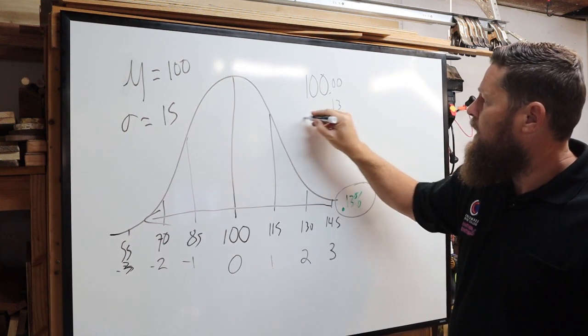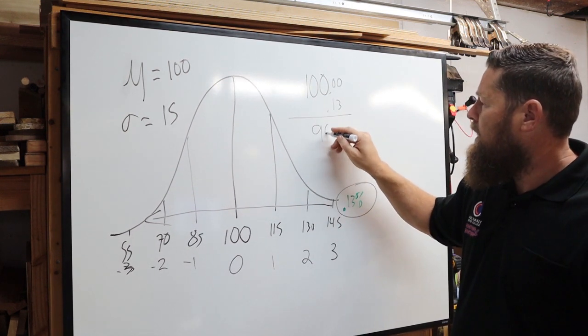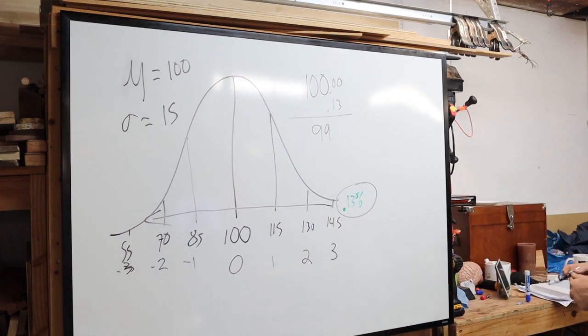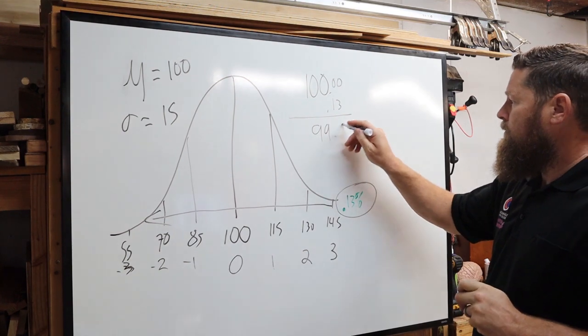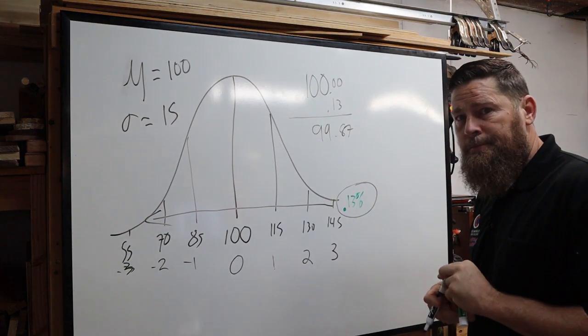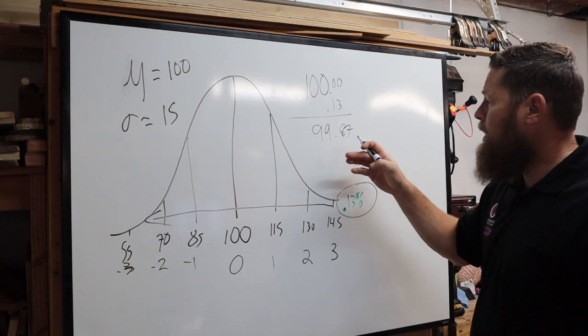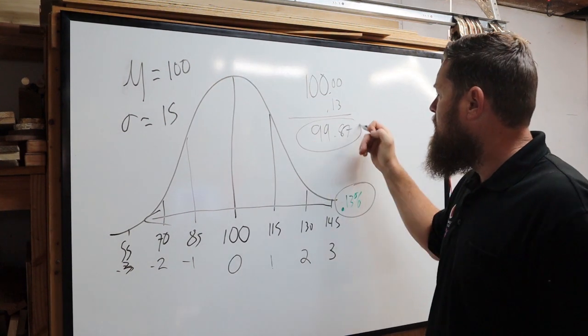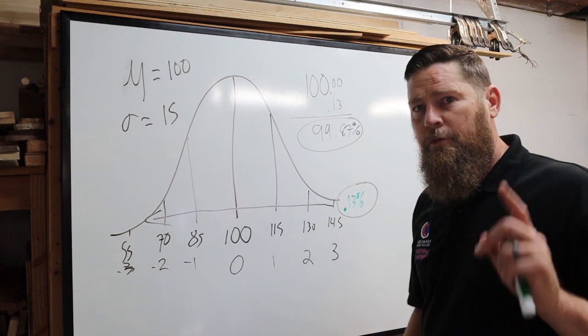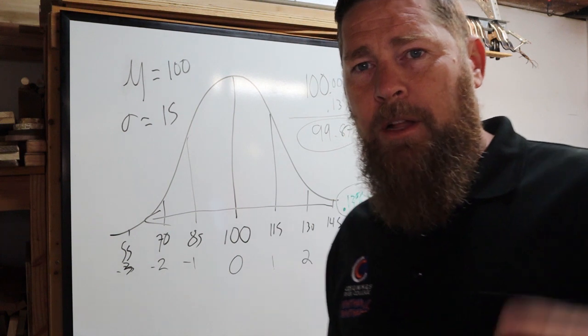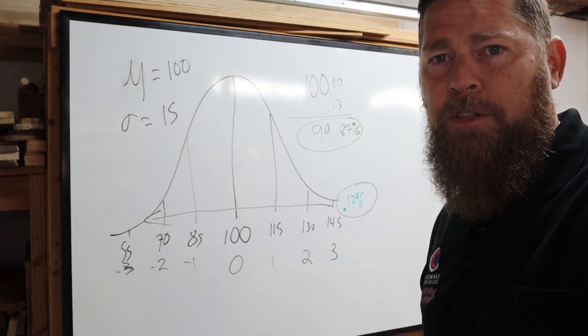If we take that away, we'll find it's 99.87. Your friend is smarter than 99.87% of people. You have a very smart friend. Bring them to class sometime. It'll be fun. Maybe they'll teach us something.